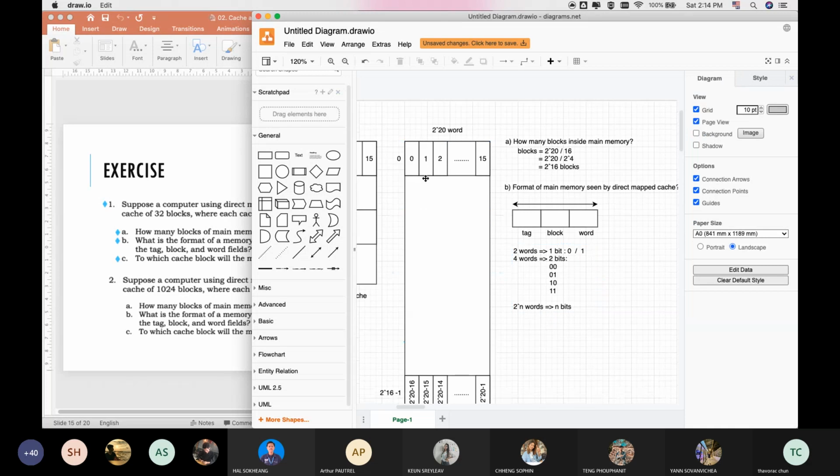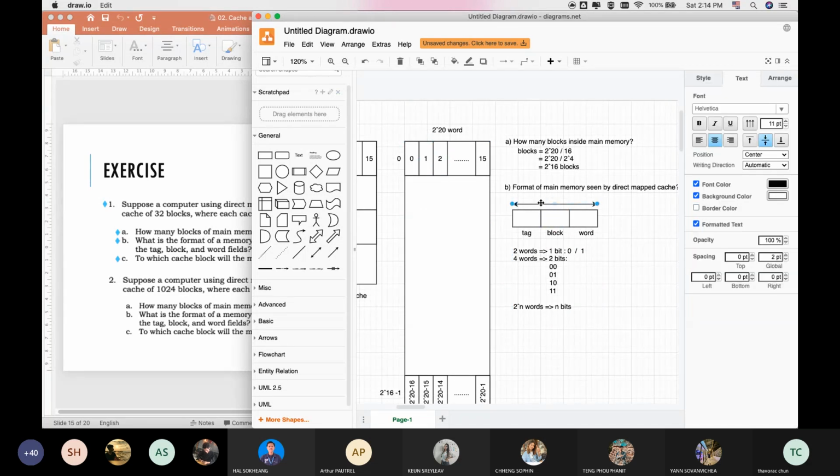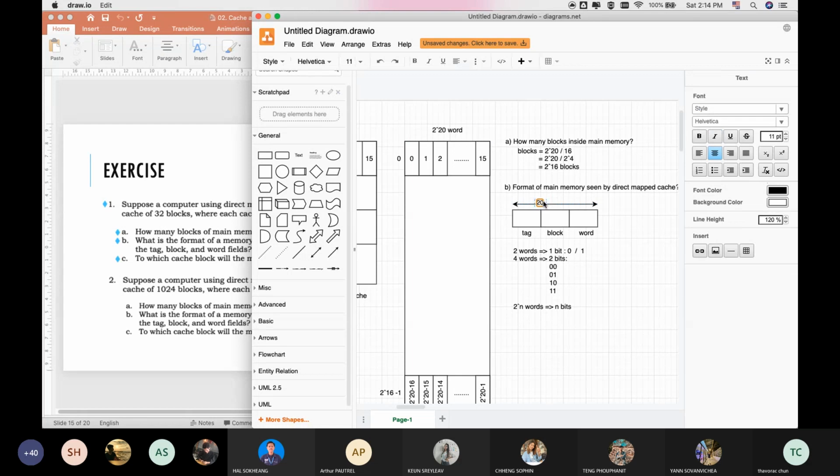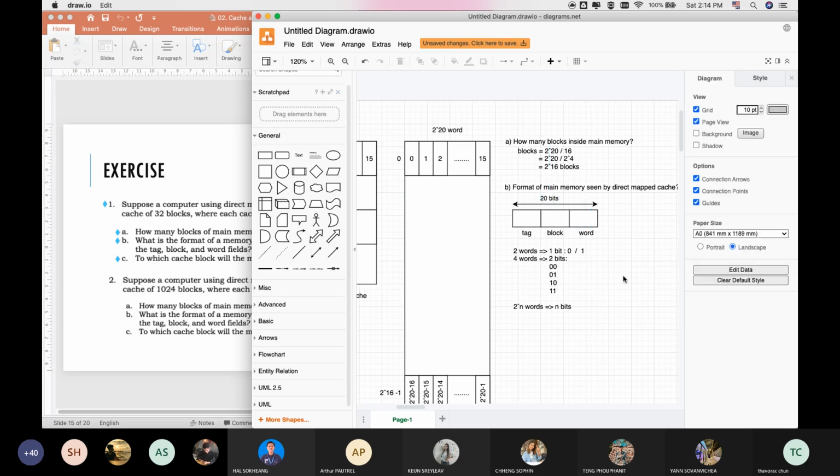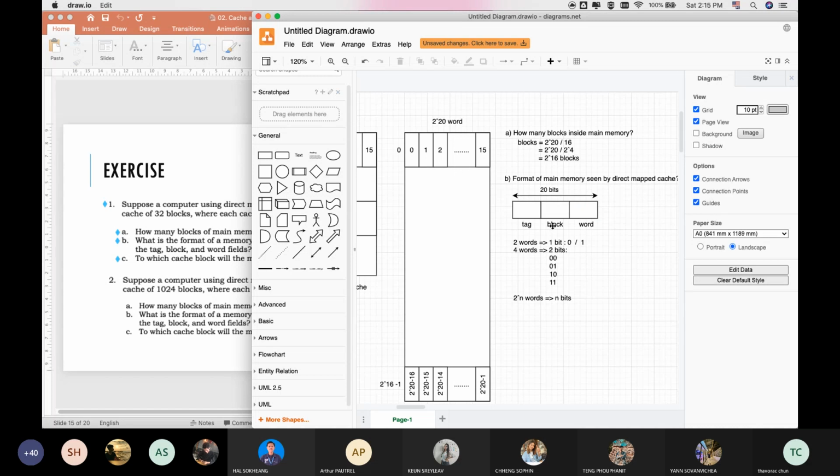So in here we have 2 power 20 words, right? So the answer here, we need 20 bits to encode all the words inside our main memory. Okay. So our memory address is composed of 20 bits.